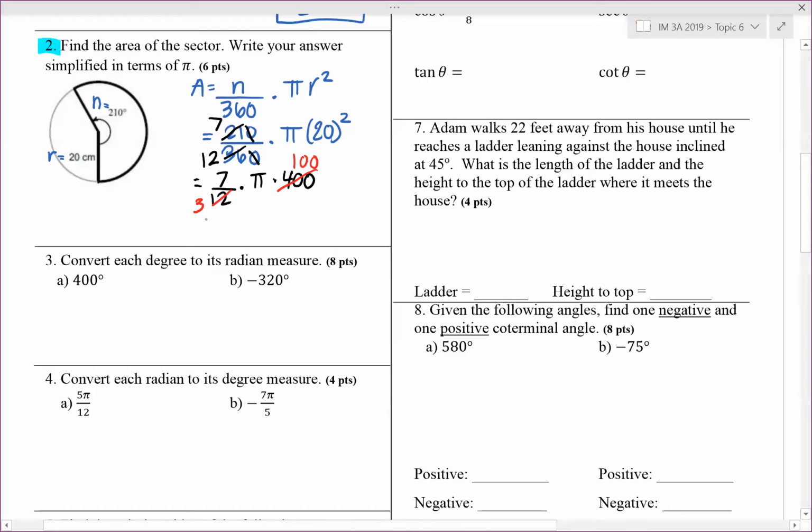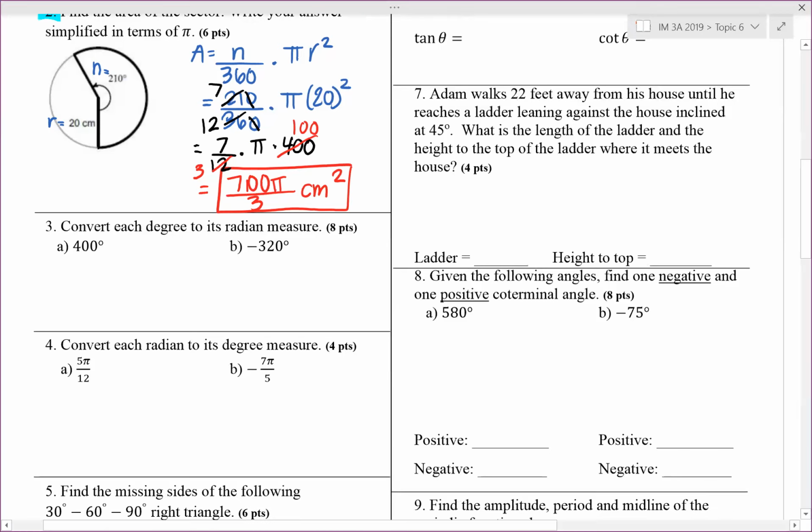So then 3 doesn't go into 100. So that means that our answer is going to be 700 pi over 3. And then our units were centimeters because it's area. Remember, that means that it's square centimeters. So that answer for number 2 is 700 pi over 3 square centimeters.